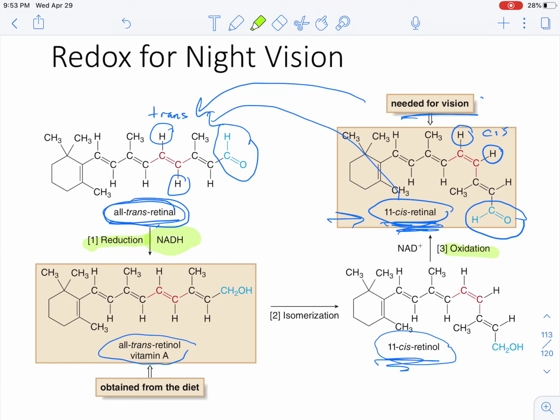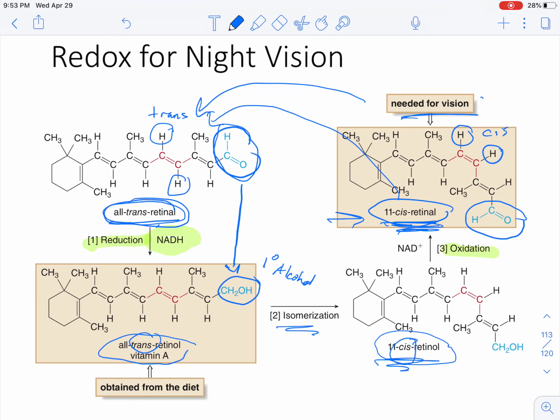And so NADH is going to act as a reducing agent, and it's going to convert this aldehyde into a primary alcohol. And so some enzyme is going to reorganize the isomerization, so it's going to convert the trans back into the cis.